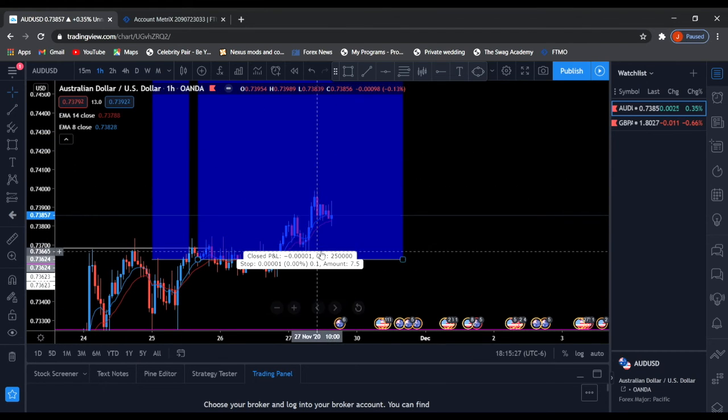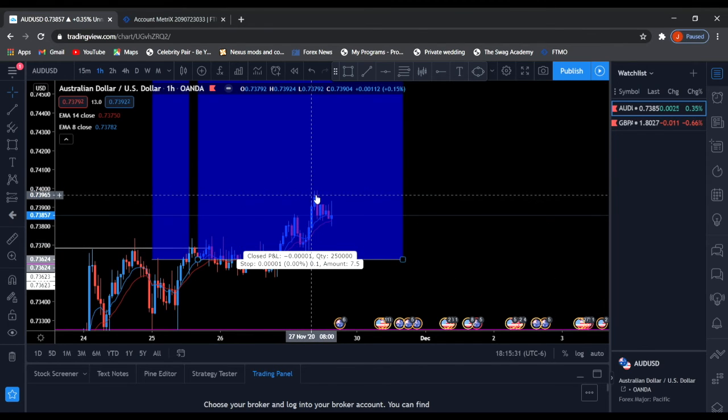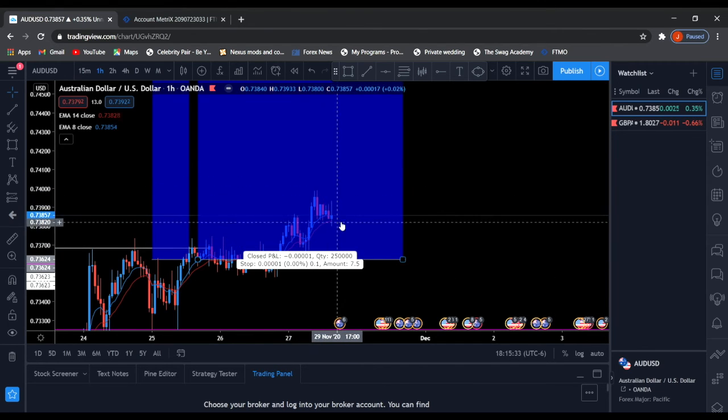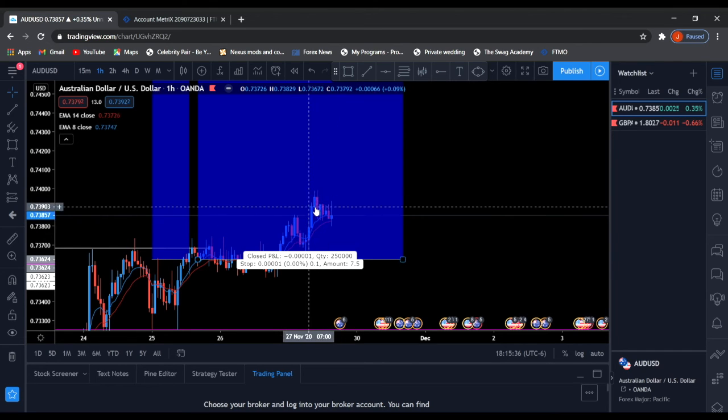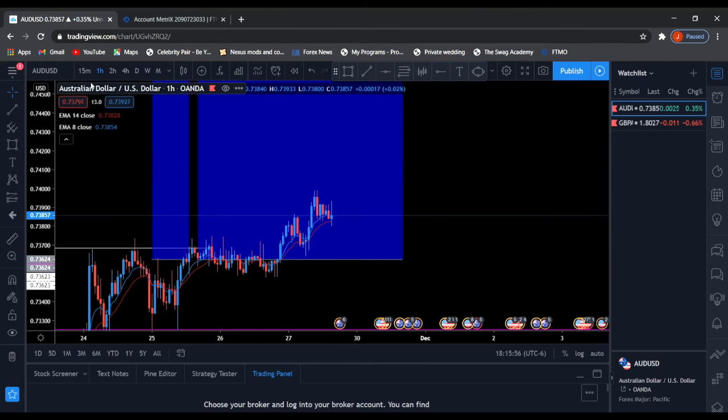And then it retraced a little bit, shot back up, and this is Friday, so the market closed at 4. So at about 3:45, I closed my trades. Yeah, I ended up closing my trades.